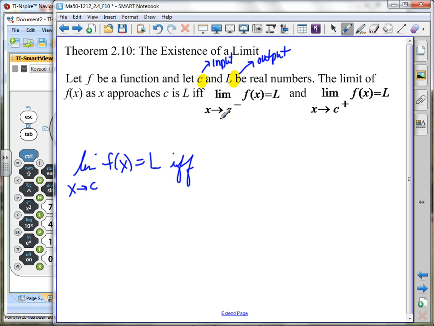What does this represent? As you approach it from the less than c side, so if you approach it from the less than side, your limit is L. What's this mean?